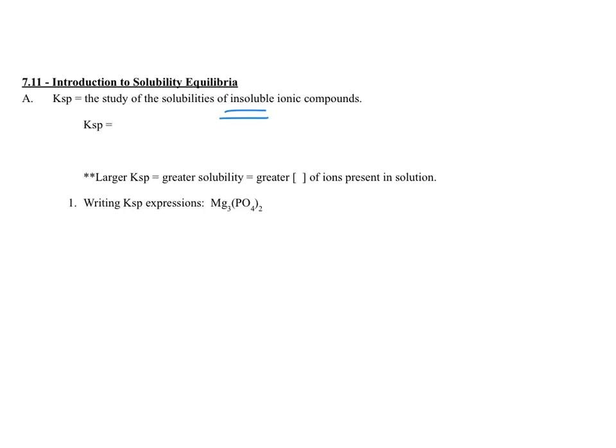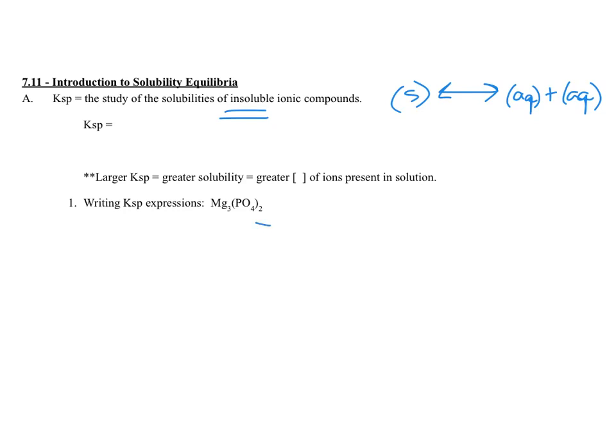So Ksp is going to be the K value of the equilibrium reaction between a solid salt and its aqueous ions when just that tiny bit of it dissolves. Now, when we write our Ksp value, it's the same as writing any other K value for equilibrium.